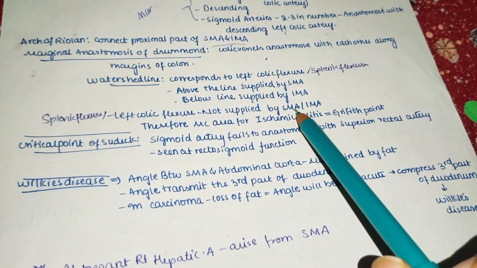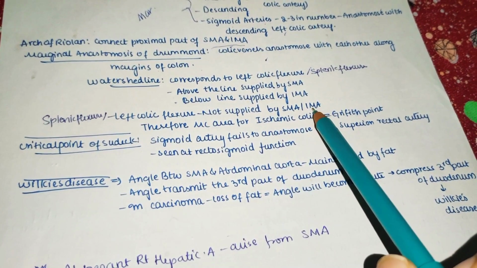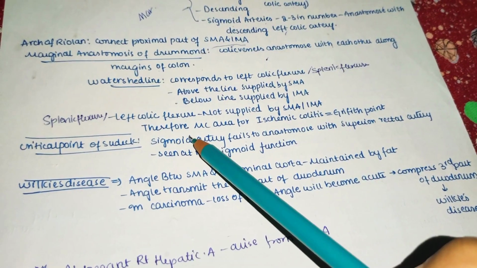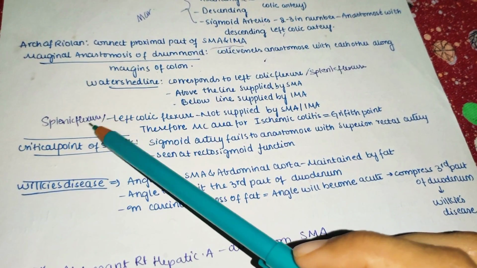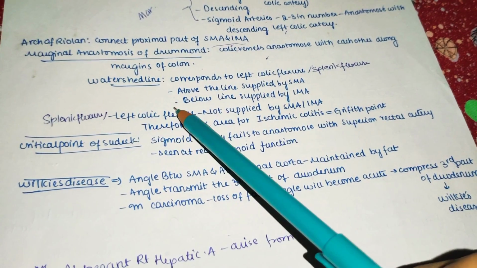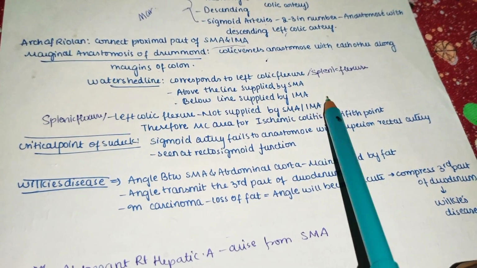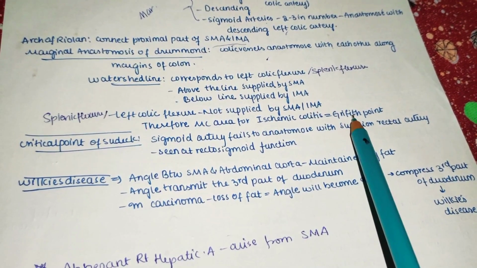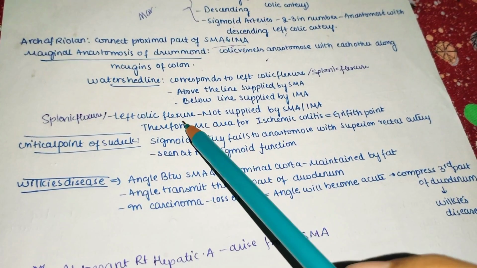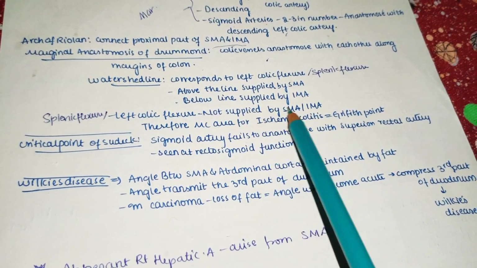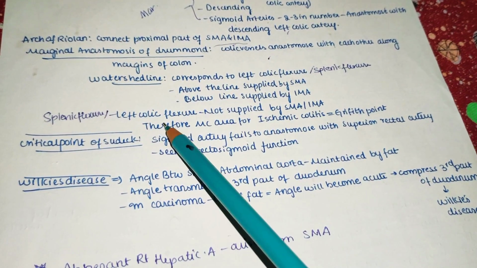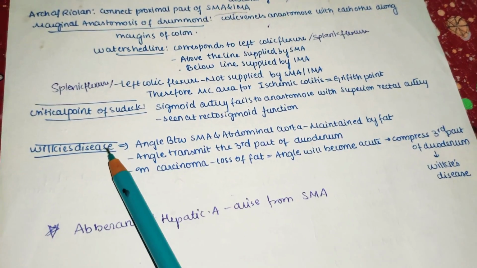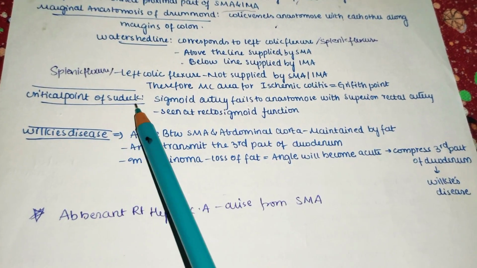Therefore the most common area for ischemic colitis is the splenic flexure or left colic flexure, and this point is also known as Griffith point. So Griffith point is where there is an area of ischemic colitis in the splenic flexure, or also you can say the left colic flexure. Now let us see the critical point of Sudeck.